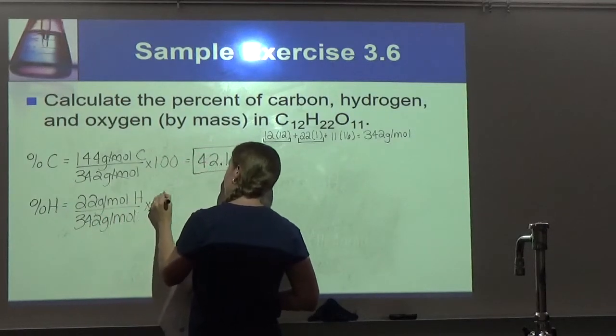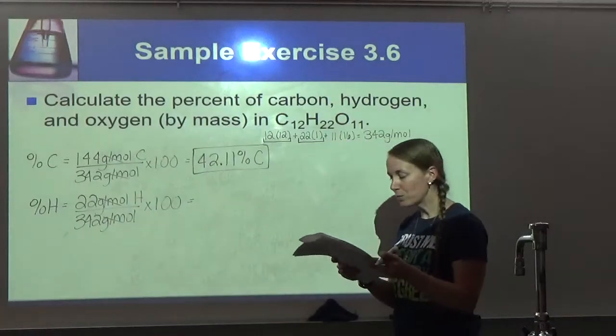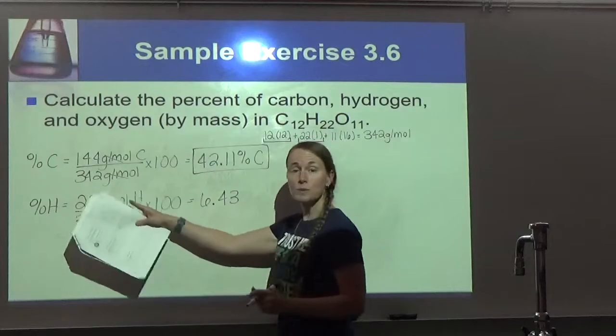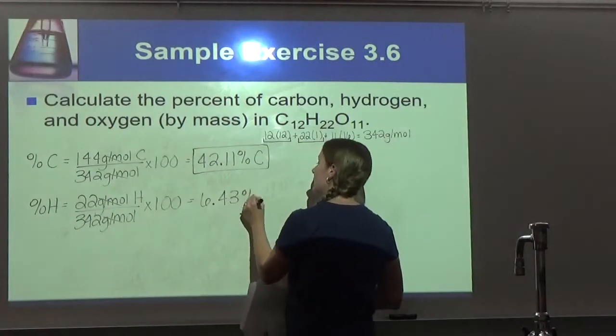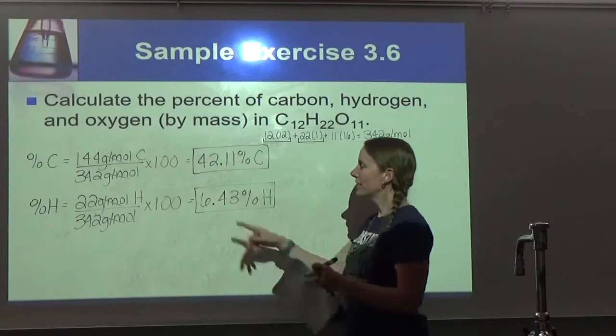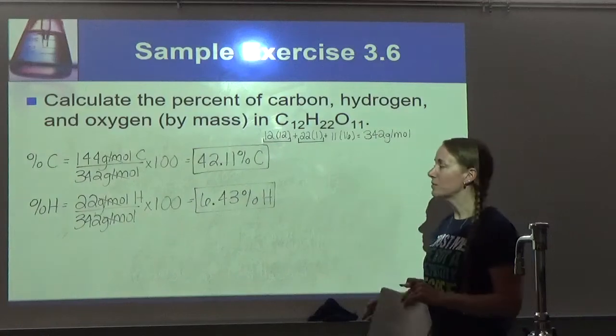And then, of course, to make it a percentage, I multiply by 100. My grams per mole cancel. And once I solve, I get 6.43. And then remember, grams per mole canceled, so my unit is percent. And my substance is hydrogen. Okay? Don't forget, number, unit, substance. We do that a lot when we get to these types of math problems.